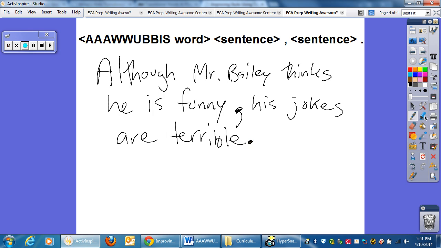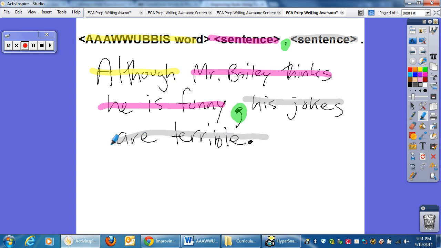So when we look at the different highlighted sections, here's our AAAWWUBBIS word. Our AAAWWUBBIS word is although, and then we input a complete sentence. So here's the complete sentence: Mr. Bailey thinks he is funny, and then we have the comma, and then we're following the formula one last time, where here's the sentence, his jokes are terrible.